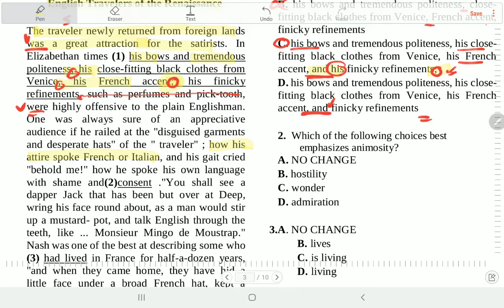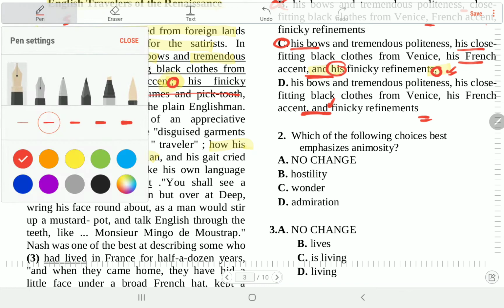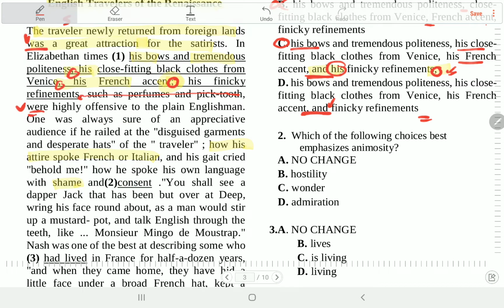How he spoke his own language with shame, and what I want to say is shame and which of these words means animosity? Is it consent? Consent means you agree, you accept. I consent means I agree. Hostility? Yes, that's hatred; it's partly animosity. Wonder, admire, admiration: wonder and admire are mostly the same.